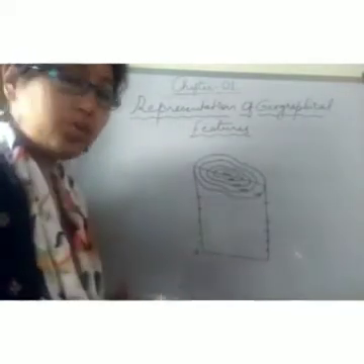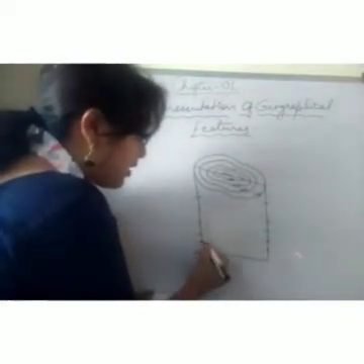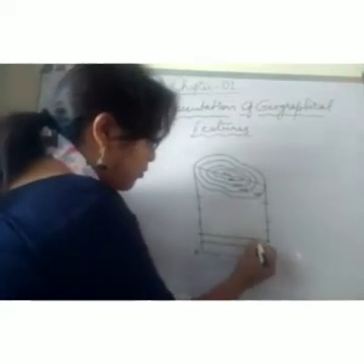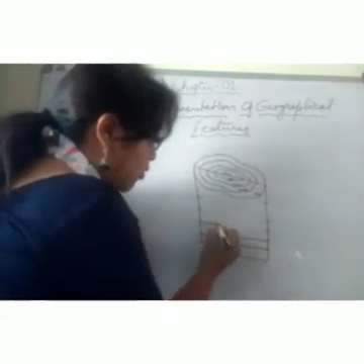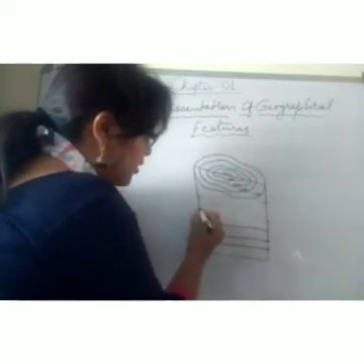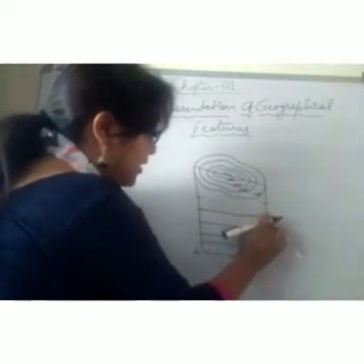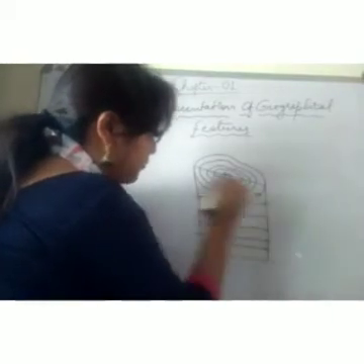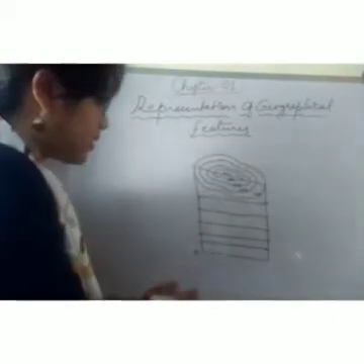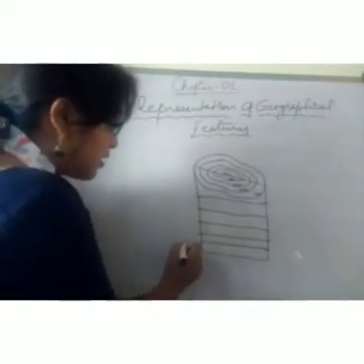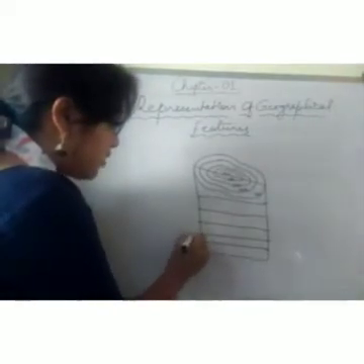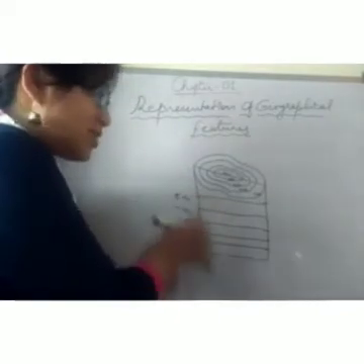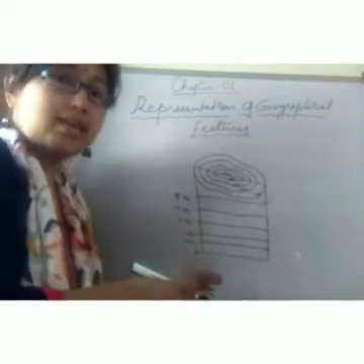Now you are going to join these points which are marked on these vertical lines like this. Now write here 100, 200, then 300, then 400, then 500. So this is how you are going to make the scale.